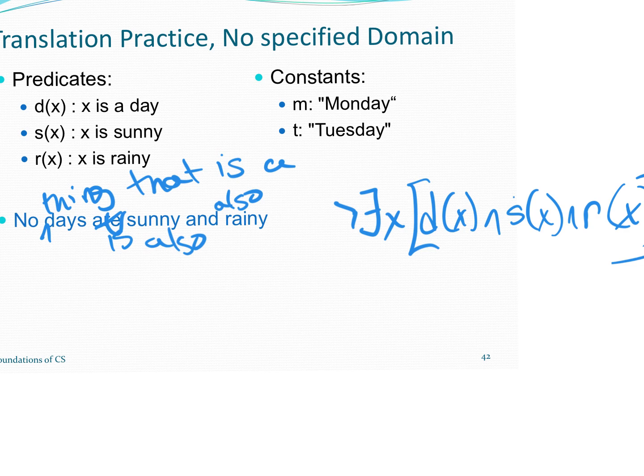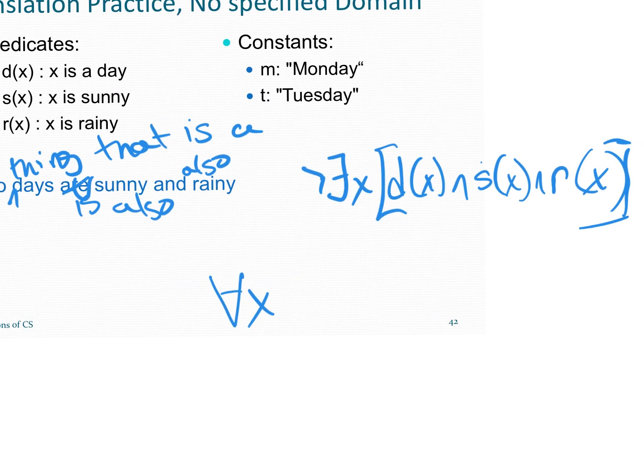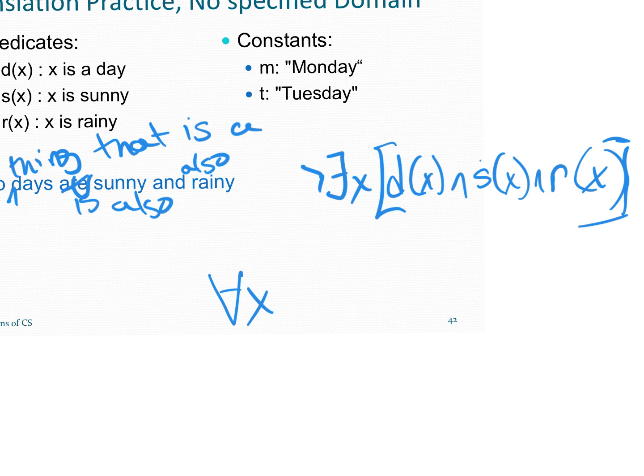If we want to talk about it in terms of for all X, then we can say, well, for all X, if X is a day, then it's not sunny and rainy, right? So if we look at our sentence again, our sentence is no days are sunny and rainy. So for all X, if it's a day, then it's not sunny and rainy.